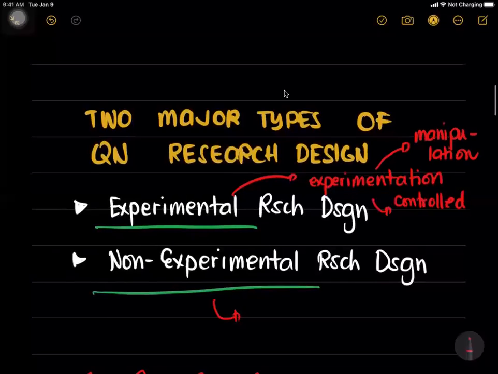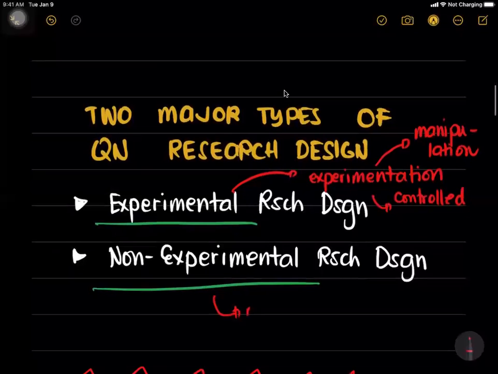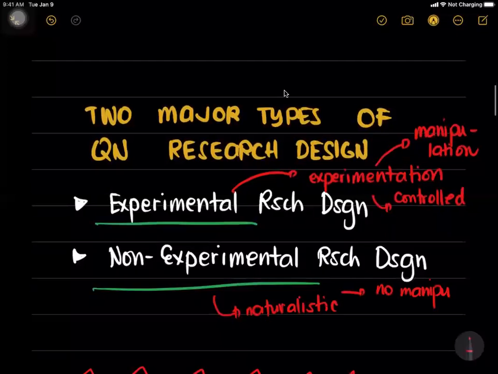While non-experimental, on the other hand, is more naturalistic. And there is no manipulation, although there is some degree of control. But unlike in your experiment, there is really no introduction of a treatment variable, or extraneous variables are not very controlled.